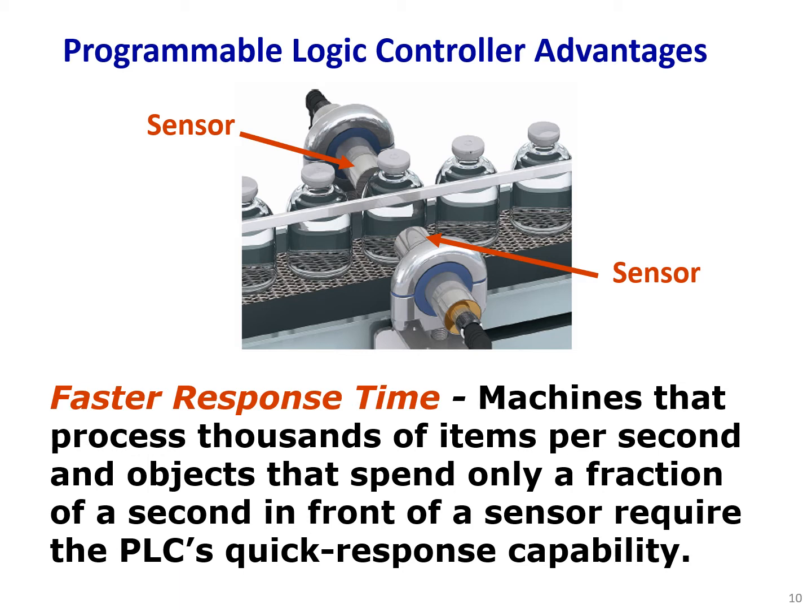Machines that process thousands of items per second and objects that spend only a fraction of a second in front of a sensor require a PLC's quick response capability. So look here, we have a conveyor and we have these buttons on the conveyor.